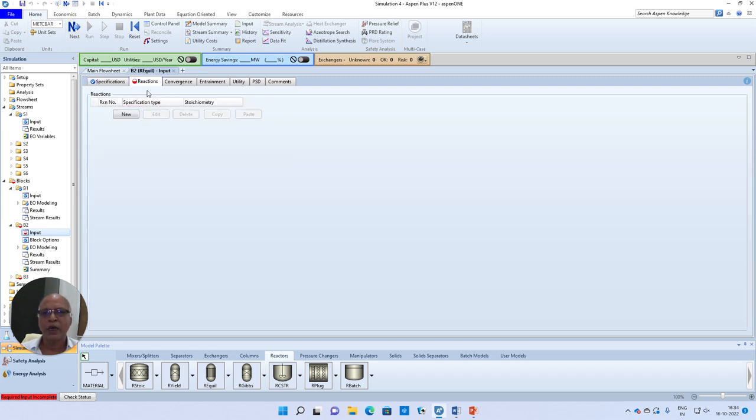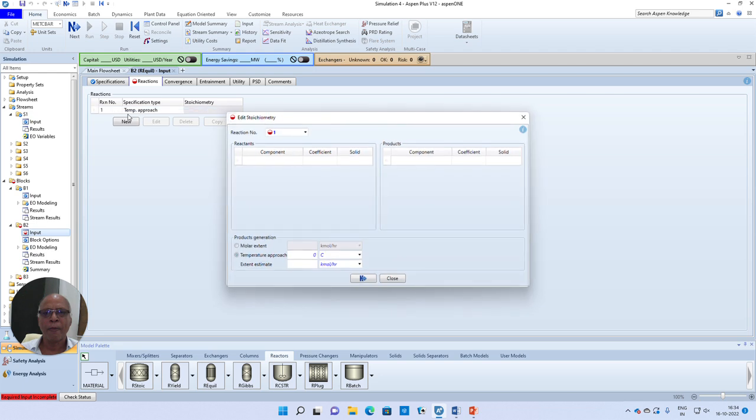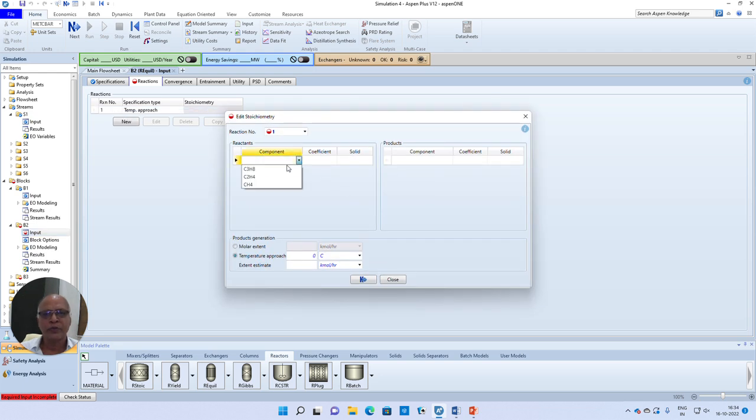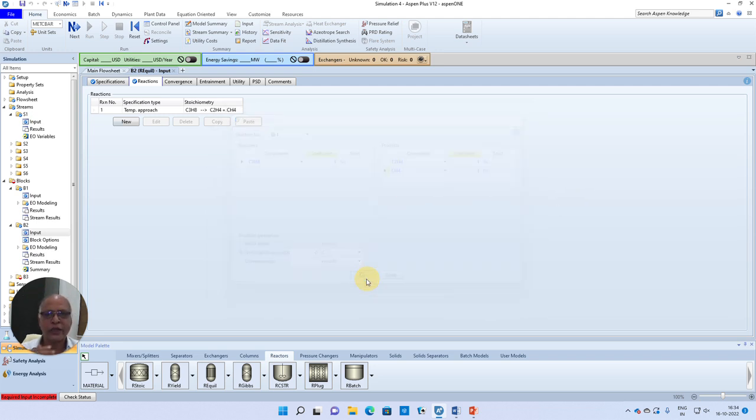Then next, reactions, say new, and define the stoichiometry. So C3H8 is decomposing into C2H4 and CH4. So we have defined the reaction stoichiometry. As you can see, this equilibrium reactor model requires temperature, pressure along with the stoichiometry of the reaction.